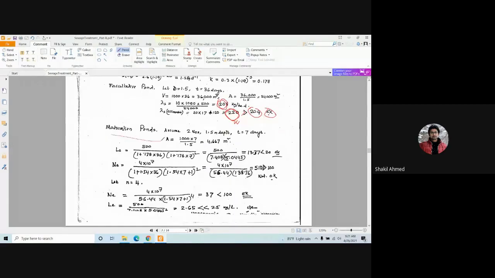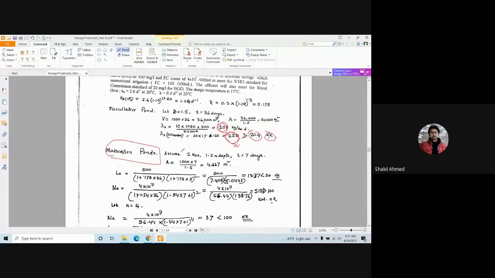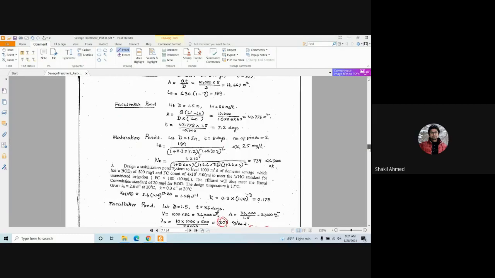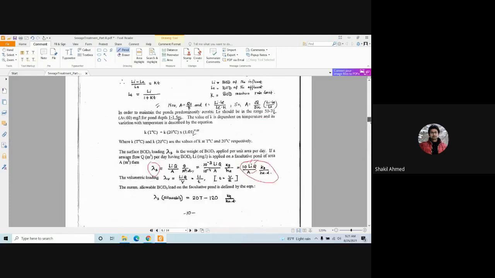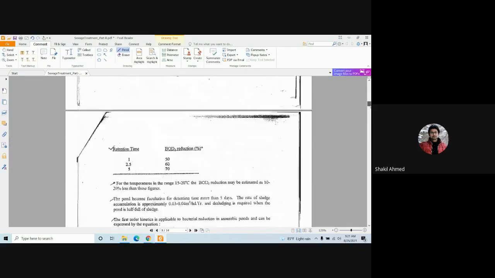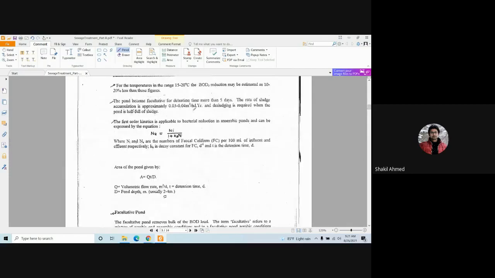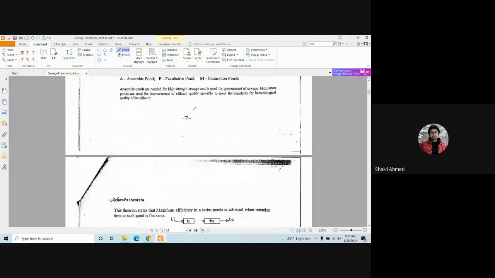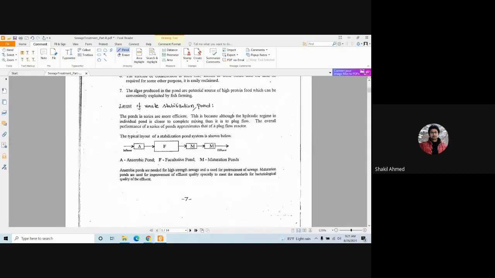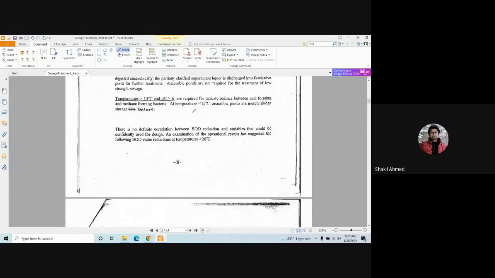For the maturation pond, assume we are using two maturation ponds. Depth is 1.5 meter and t equals 7 days. When you are assuming, guys, you have to remember that we have some ranges of depth for each of the pond.